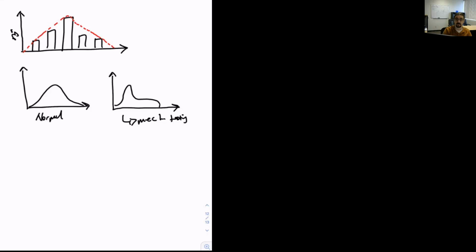For example, if the samples are breaking at one particular load, if you do the distribution of that, you can have a log normal distribution. But in this class, we will only deal with normal distributions, and we will assume everything has a normal distribution.